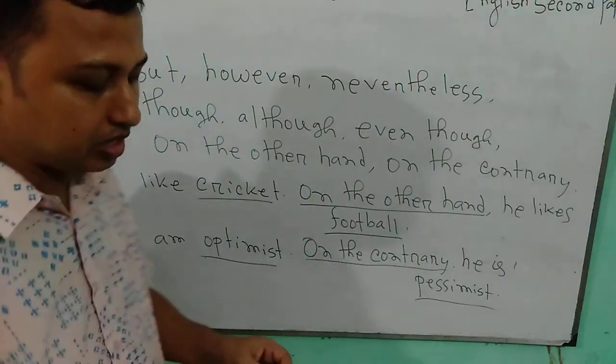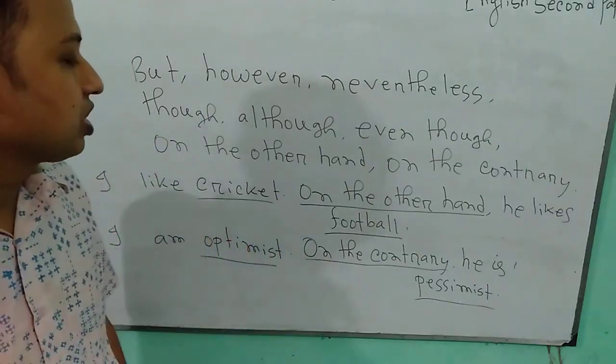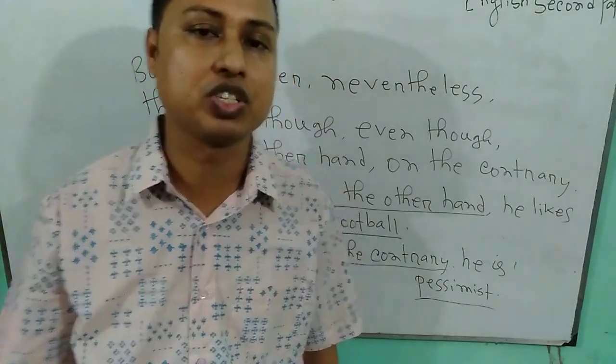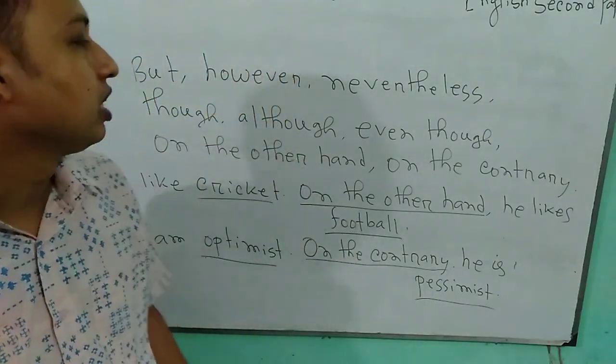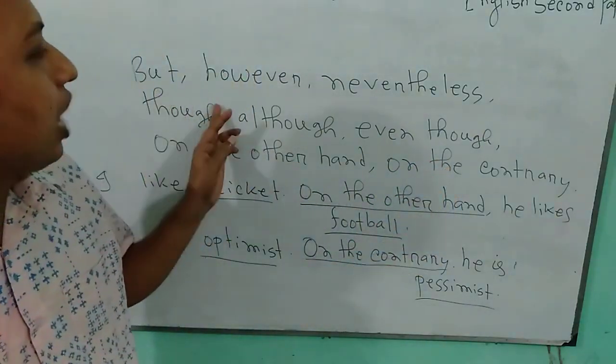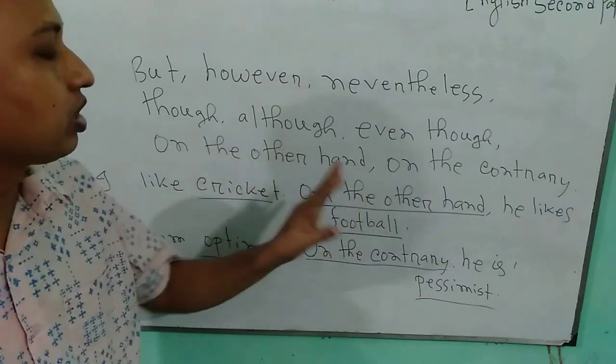You will remember that when the two sentences express opposite relationship, then you will use but, however, nevertheless, though, although, even though, on the other hand, on the contrary.